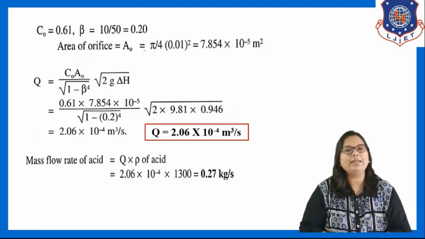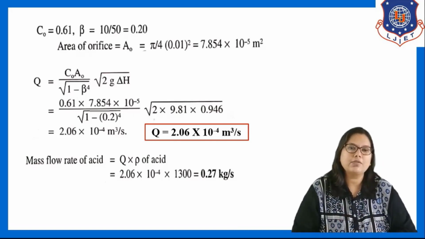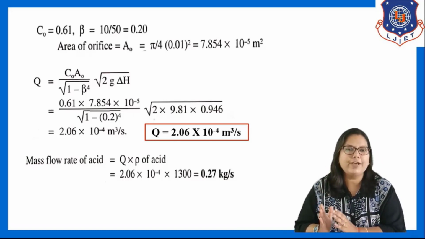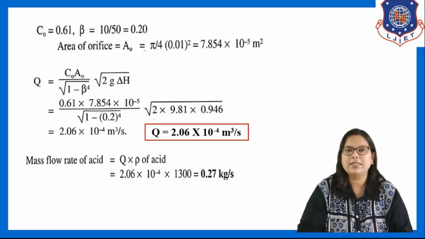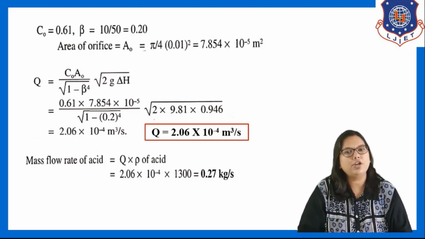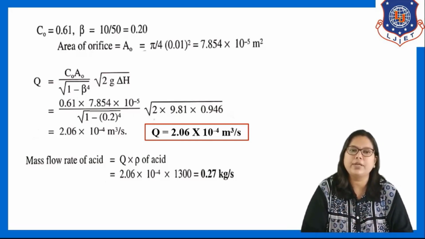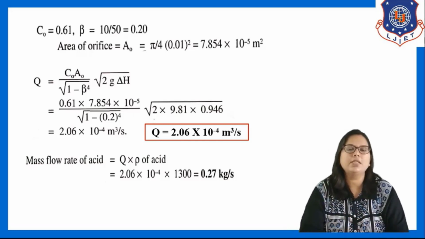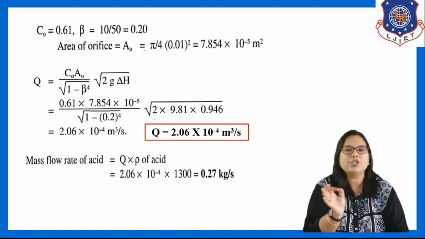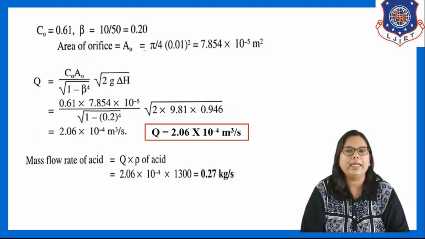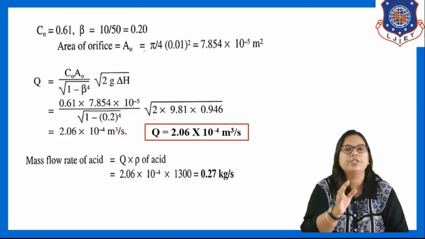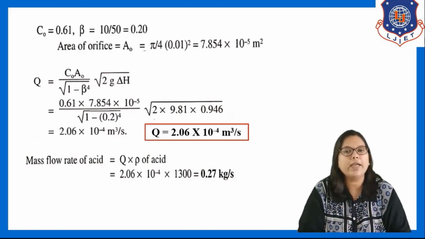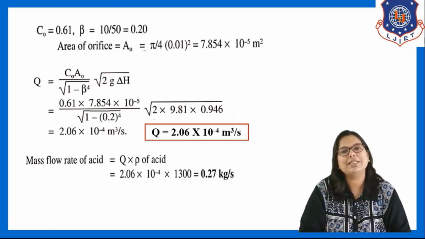We all know that mass flow rate of acid is equal to volumetric flow rate of acid multiplied by density of acid. We have already calculated volumetric flow rate as 2.06 into 10 raised to minus 4, into density of acid, which was given as 1300. So 2.06 into 10 raised to minus 4 into 1300, you will get 0.27 kg per second.